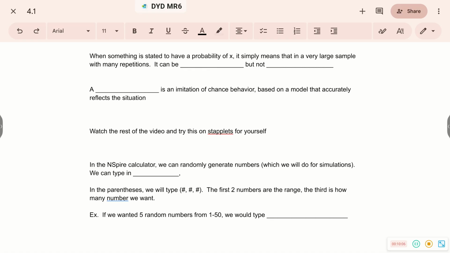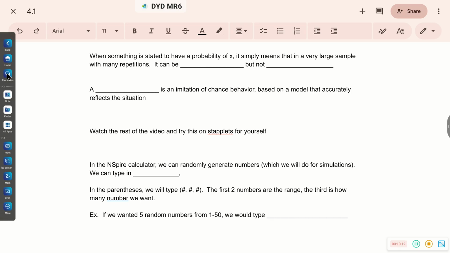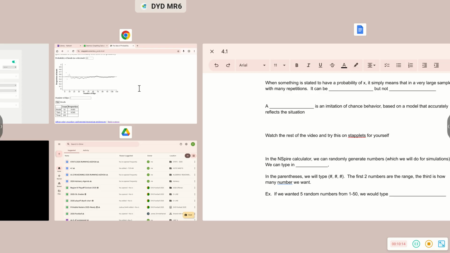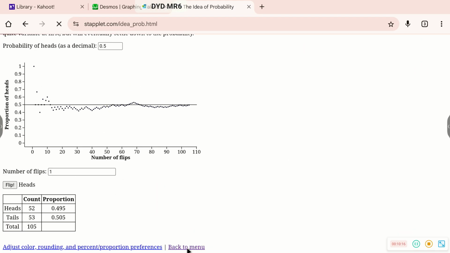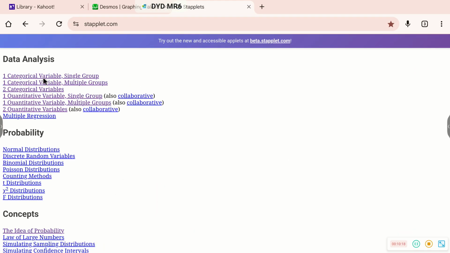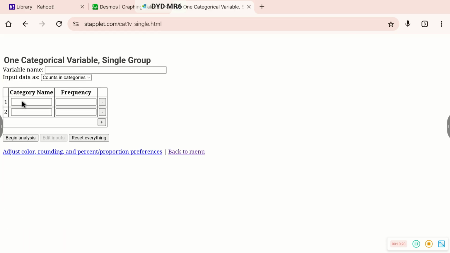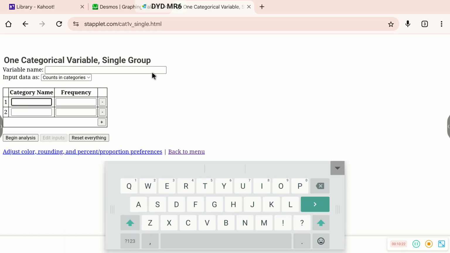Hopefully this will put some stuff in context a little bit. So let's say we go to Statplets, and let's just say we're tossing coins. All right, so one categorical variable, and let's say we have heads and tails. Now let's say we toss a coin 10 times, we get 8 heads and 2 tails.